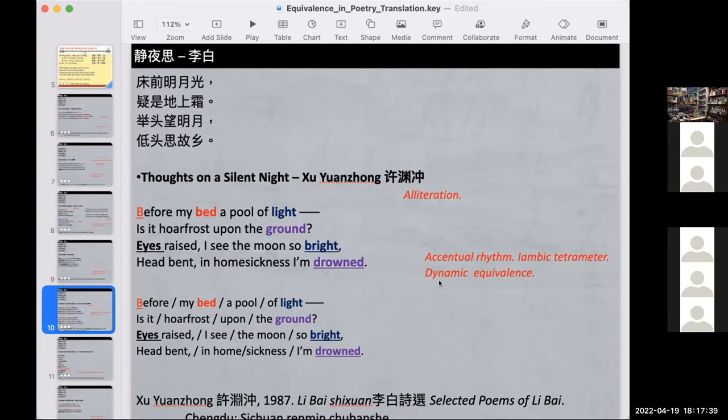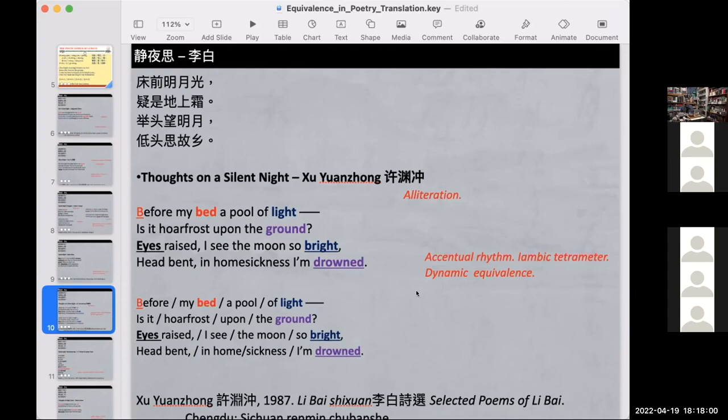And on equivalence, he tried to achieve dynamic equivalence, at least as far as the form is concerned. But how much he managed to do that is another thing.